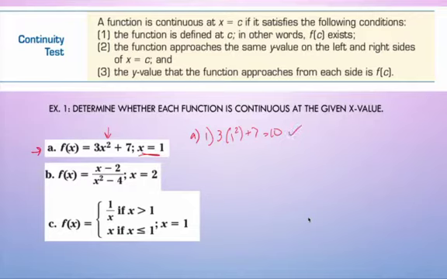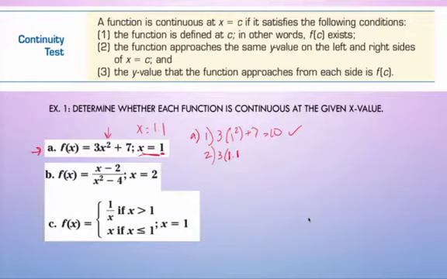Does the function approach the same y value on the left and right sides? If I pick something like 1.1 and plug that in, am I going to get something close to if I pick something a little bit less than 1?